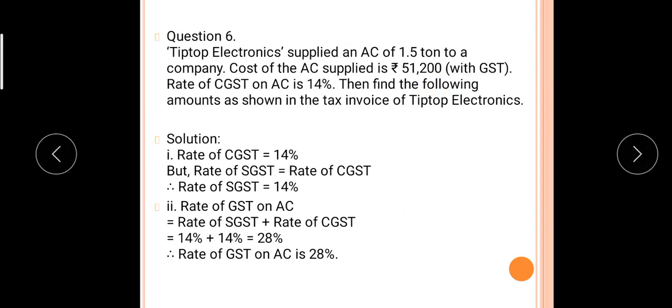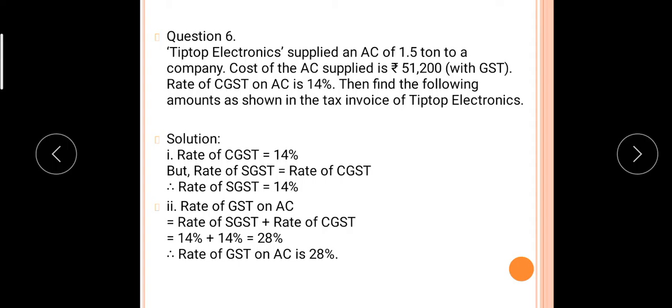Now next question. The Tip Top Electronics supplied an AC of 1.5 ton to a company. Cost of the AC supplied is rupees 51,200 with GST. Now listen, it means this is the total value. Rate of CGST on AC is 14%.